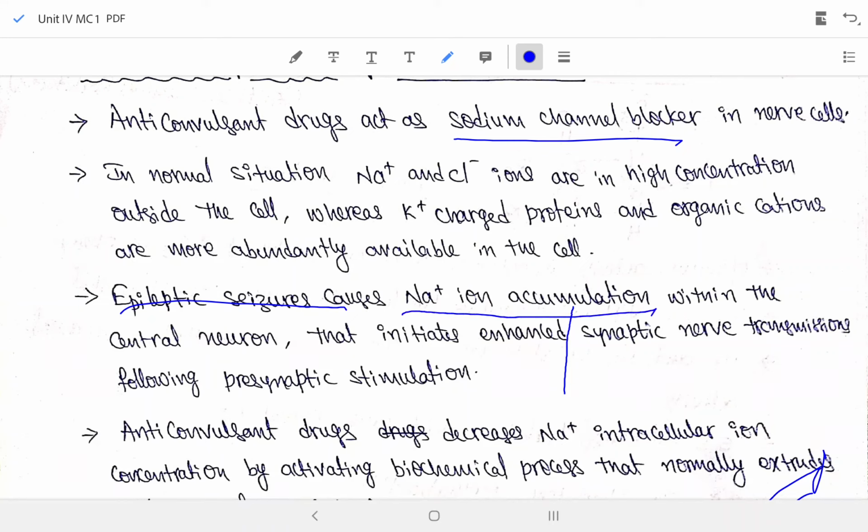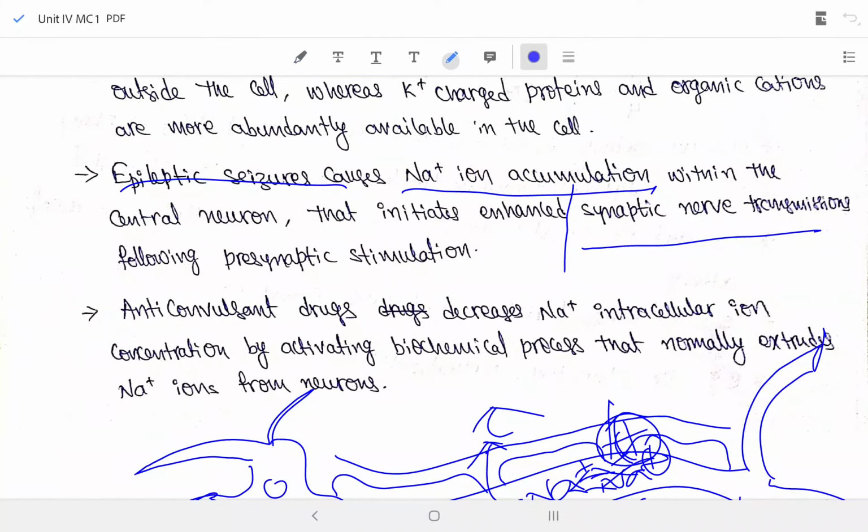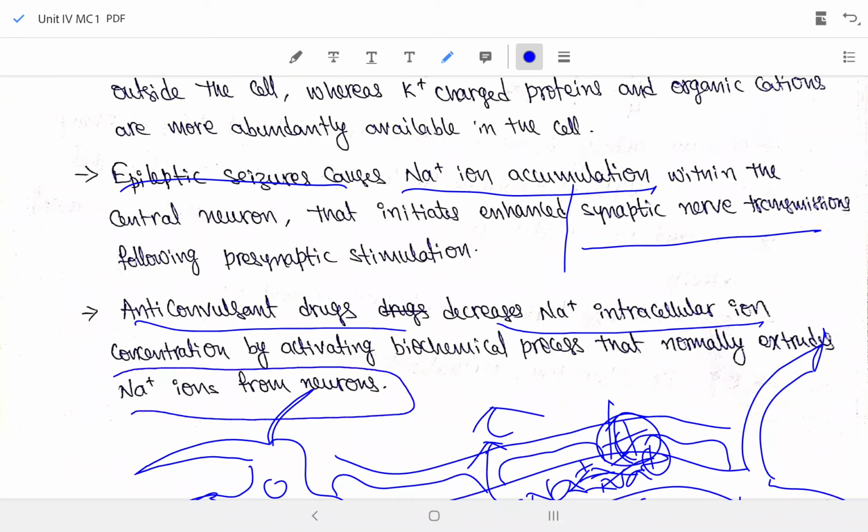So synaptic nerve transmission will be triggered continuously. Then come the anticonvulsant drugs. They decrease intracellular sodium concentration, and they will also efflux the sodium ions present inside the neuron outside, so that normalcy in the signal triggering path is achieved.